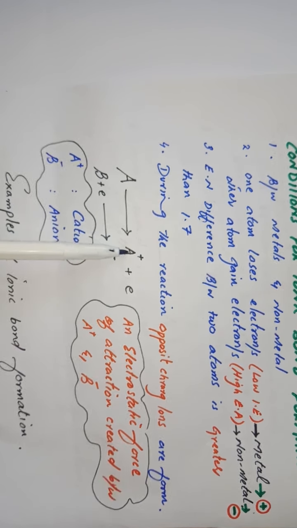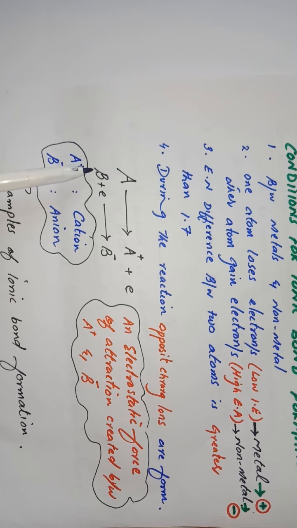When it loses electron, it will form a cation. The other atom is the atom of non-metal. When it gains an electron, it will form an anion. So opposite charge ions are formed. A plus is cation, while B minus is an anion. Therefore, the opposite charge ions attract each other, and this attractive force leads to the formation of ionic bond.